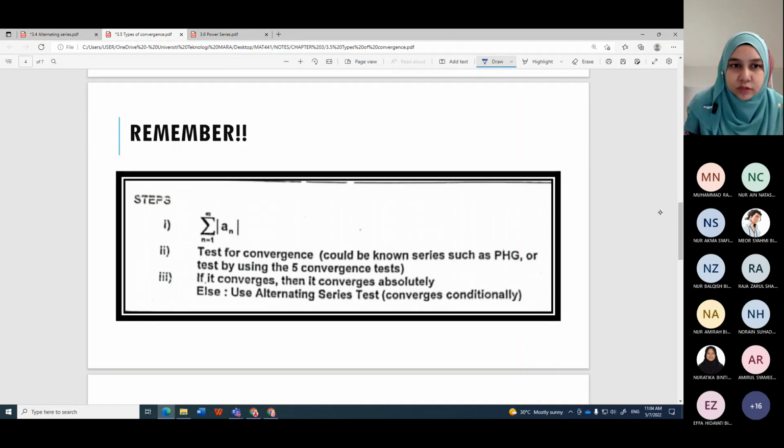Okay, so this is the steps to prove these types of convergence. Okay, number 1, you have to determine the series of modulus A sub n, where n is equal to 1 until infinity. Okay, then number 2, we test for convergent test. Okay, we can use the PHG, macam sebelum ni lah yang saya mention. P is for P series, depend pada function, depend pada series dia lah. H is harmonic, G is geometric.